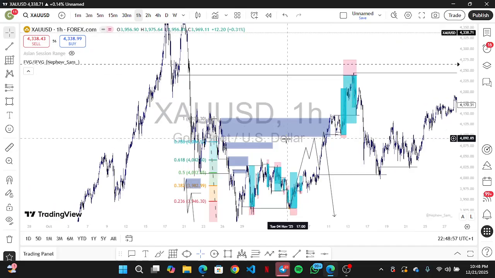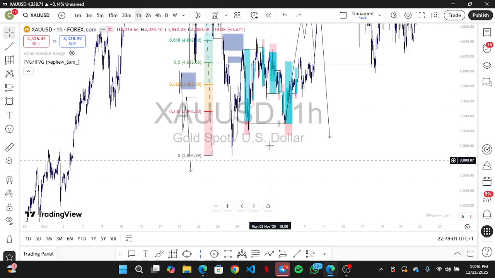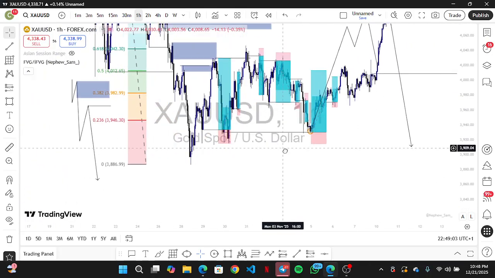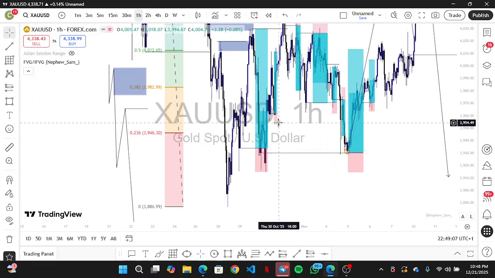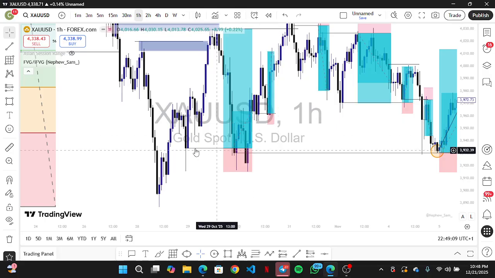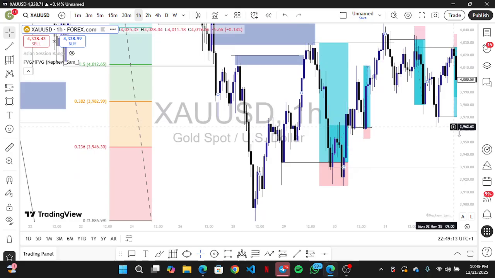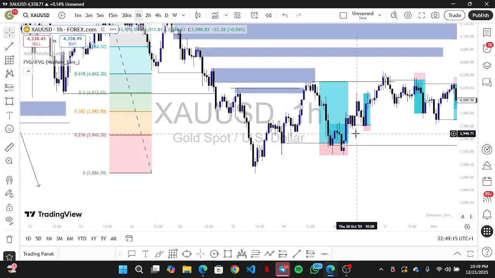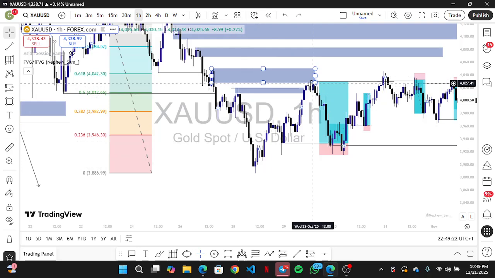So this is an example. I'm sure you guys are using some signals I gave. First things first, as I said, this entire zone here was now a discount zone from here all the way up here, because this broke this structure here before tapping this other block and selling.